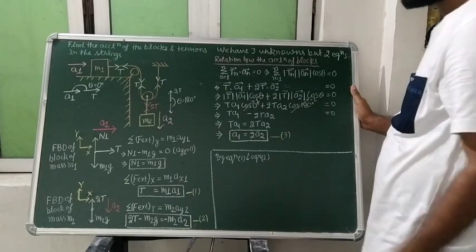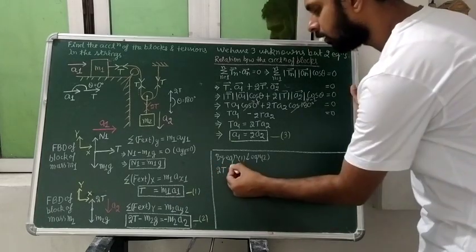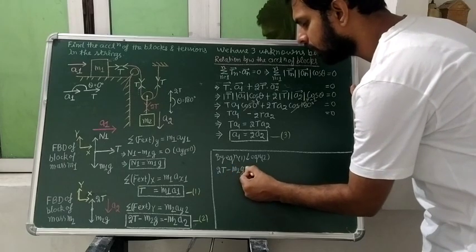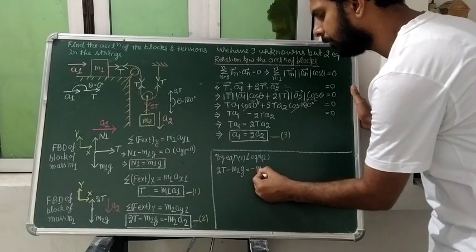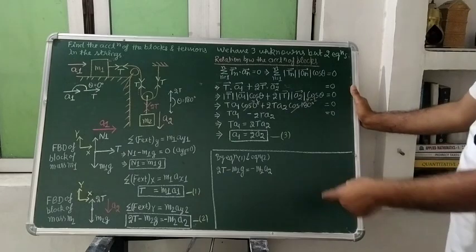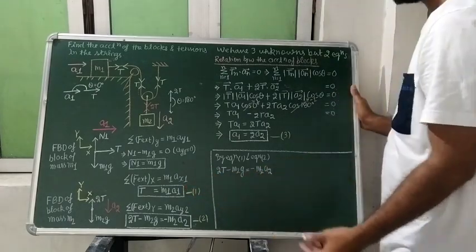what will you get? Here twice of T minus m2g is equal to minus m2a2. So in place of T, what can you write, student? In place of T, you can write m1a1.